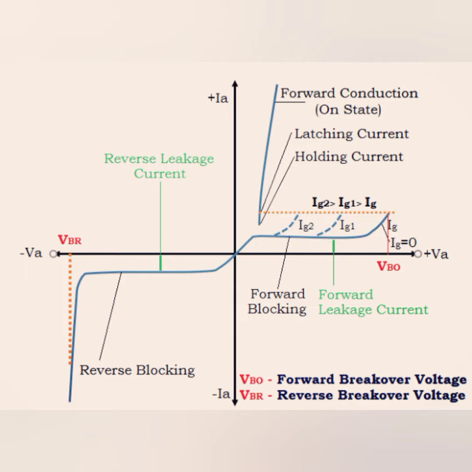So for a certain period it will be in a reverse blocking condition. Due to the avalanche breakdown, current flows in the reverse condition also. Here the gate current and the gate voltage are also shown. These are all the V-I characteristics of your thyristor.